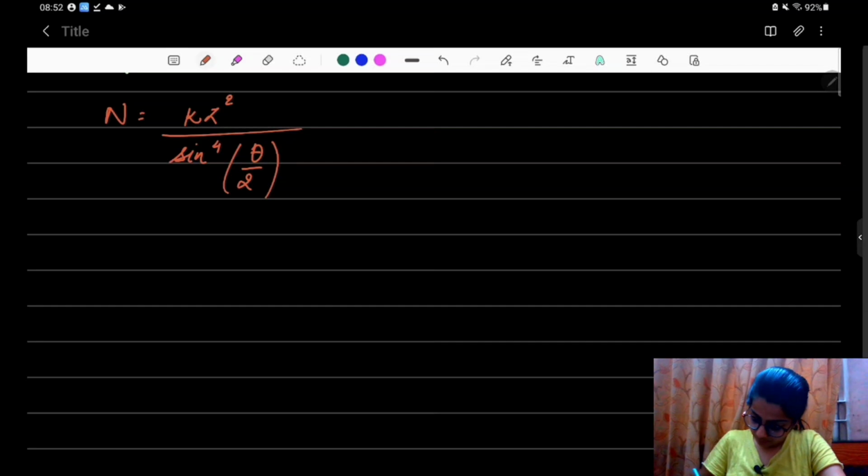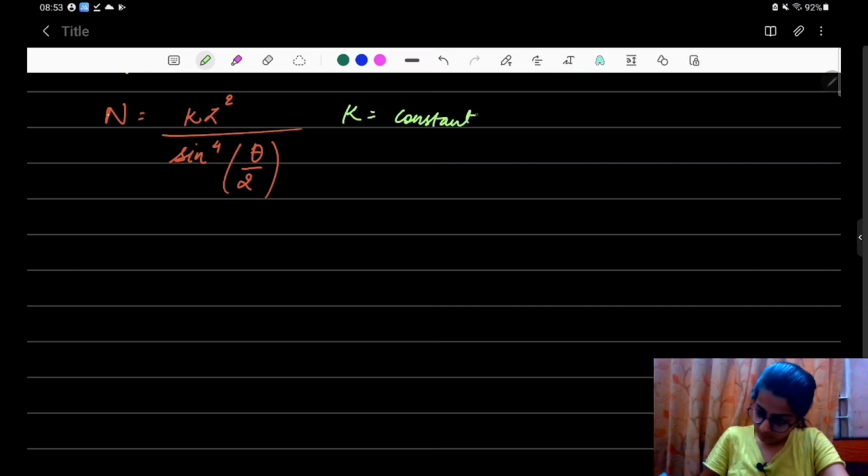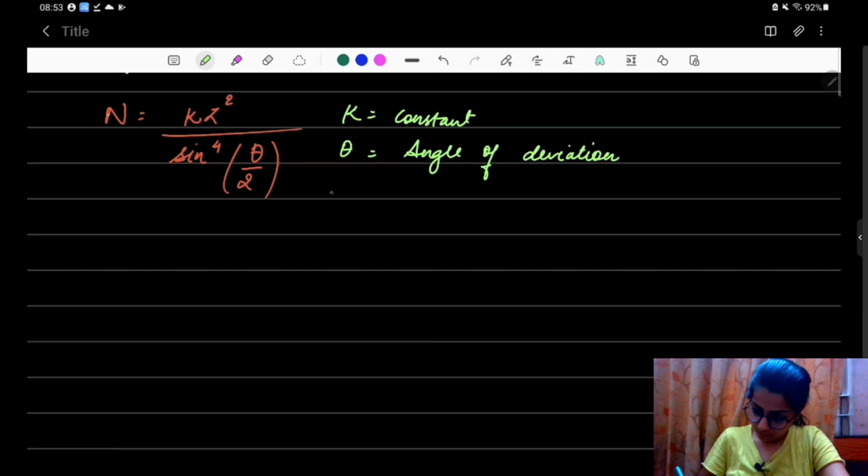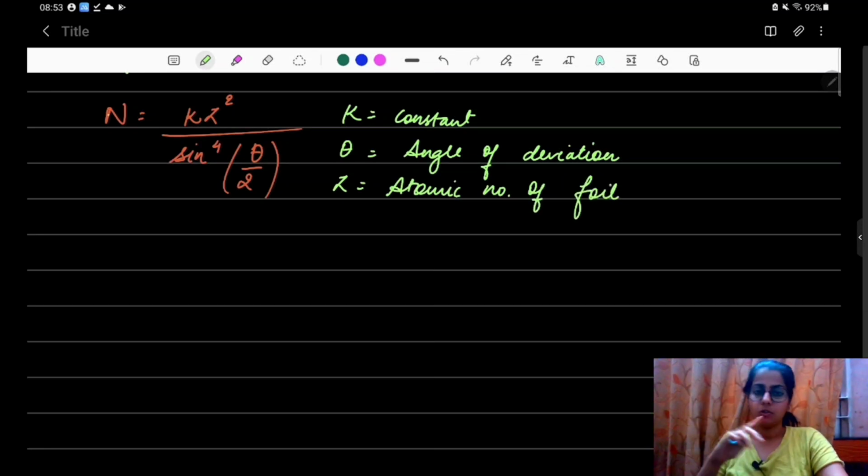First of all, n is the number of alpha particles that you know, k is a constant, theta is the angle of deviation, z is the atomic number of the foil.